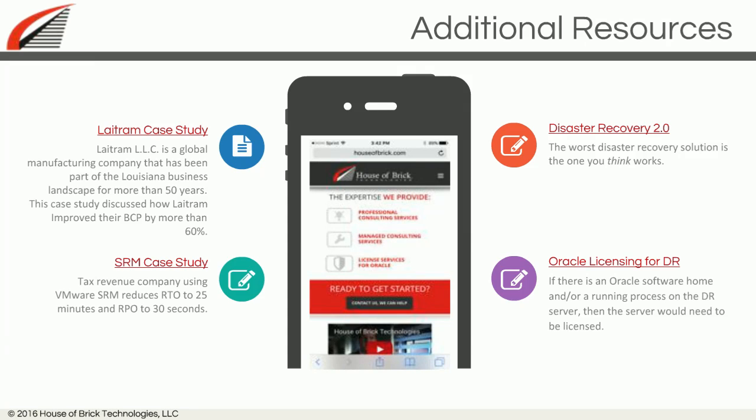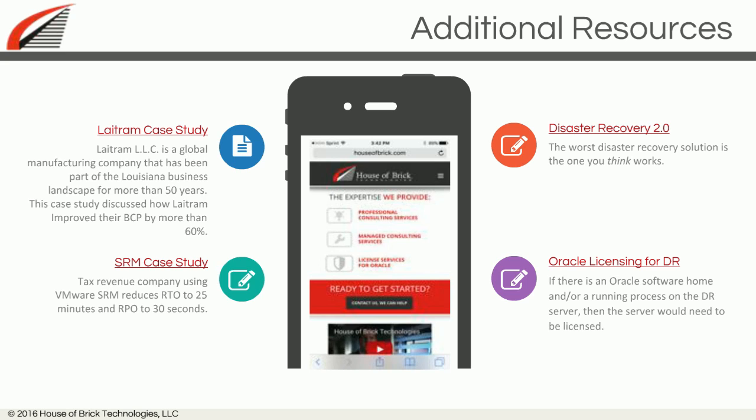If you haven't tested your DR solution, ideally the perfect scenario would be that you would be able to fail over your production environment and test it. Is that a reality that most companies can do? I don't think so. But I do think that if you leverage the power of a test bubble, an isolated space, and that's very easy to do in VMware, then you can validate up to 98%.